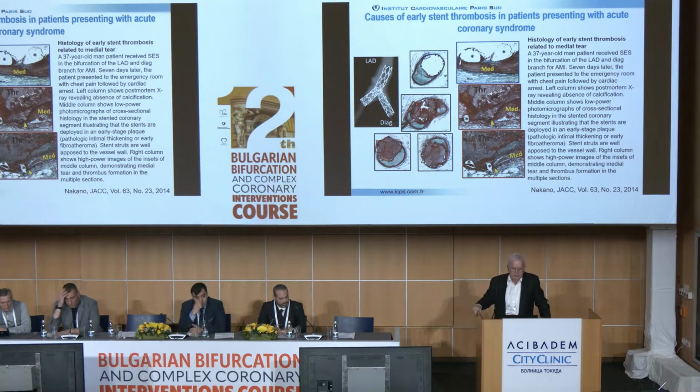Another situation is stent thrombosis related to medial tear, described by the group of René Virmani, and you see on the bottom right a penetration of a strut inside the media across the IEL.